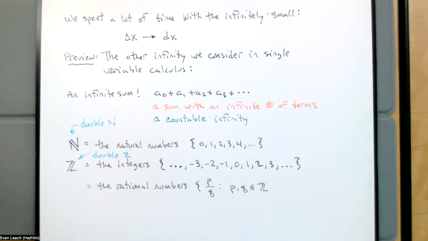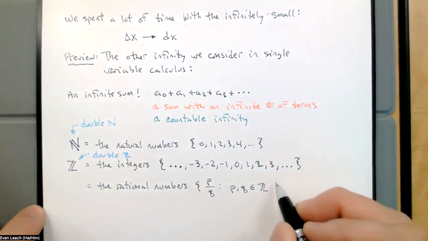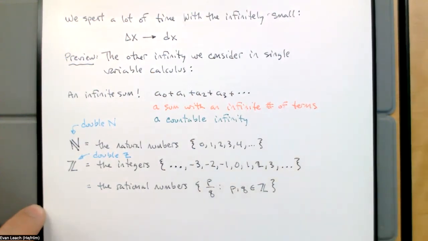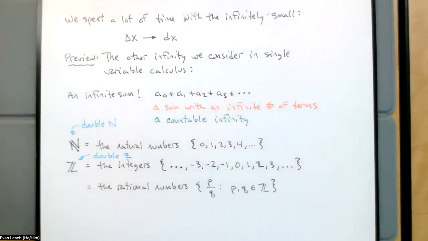Fractions. I suppose we should specify that P and Q don't have any common factors, and we can simplify stuff, but 6/3 is just 2. So that's not a whole separate thing. But we're just saying it's everything that looks like P over Q, where P and Q are integers.